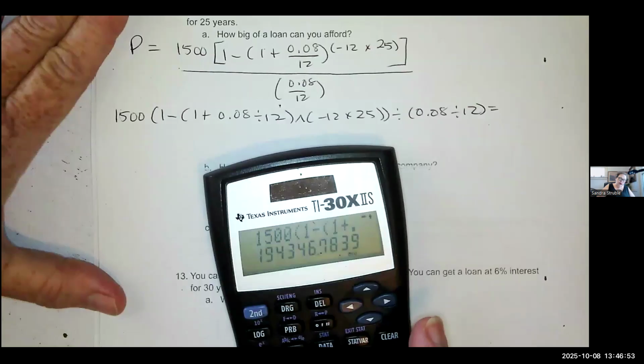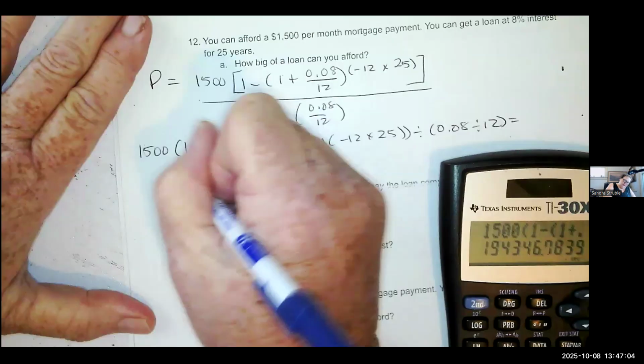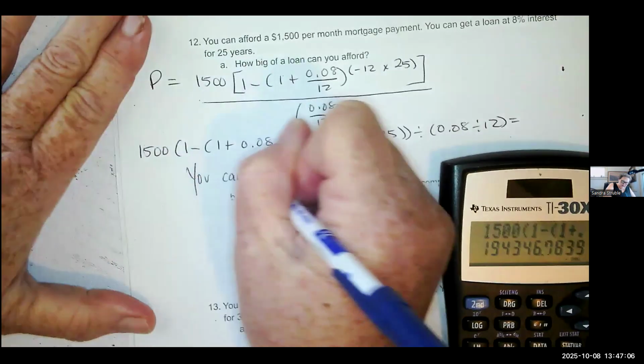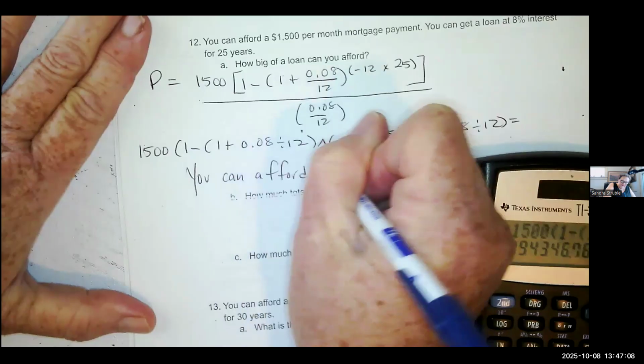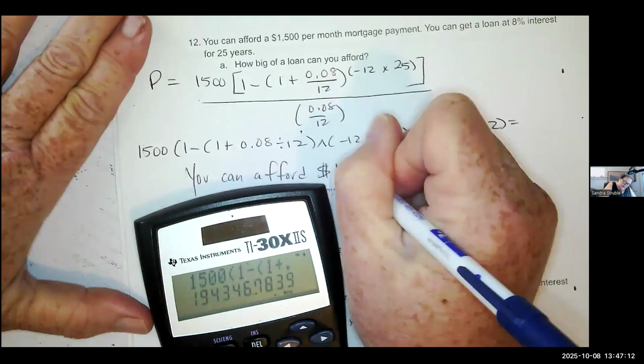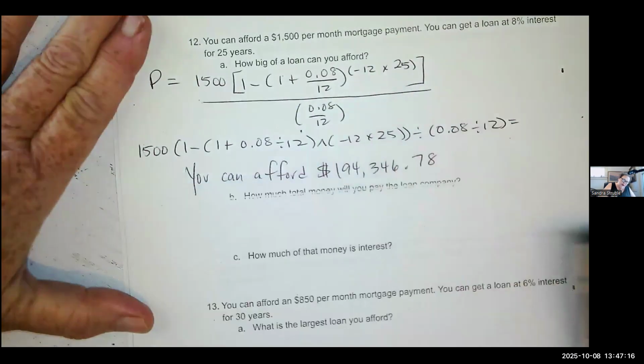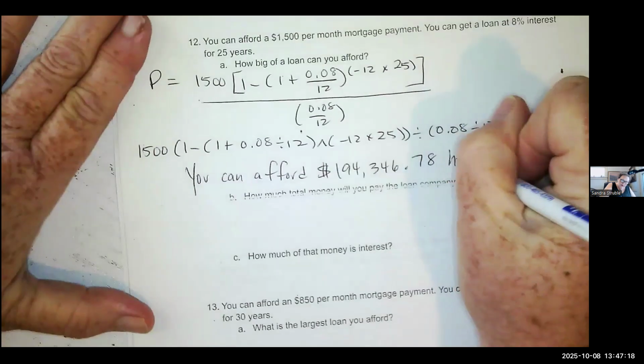So you can afford a $194,346.78 loan. A 194,346.78 home loan.